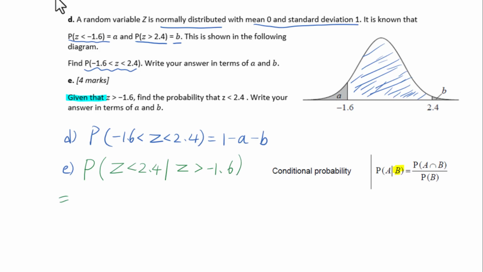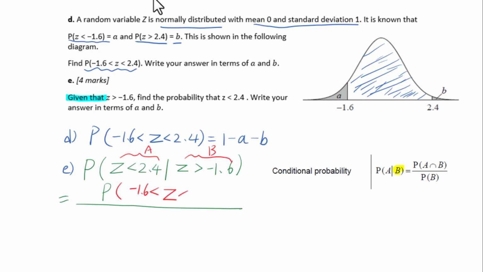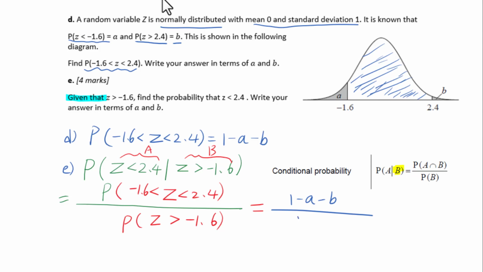Then we will use this formula: probability of A intersection B over probability of B. This is A. This is B. You will get probability of Z greater than negative 1.6 and less than 2.4, over probability of Z greater than negative 1.6. Numerator we already figured out in D, 1 minus A minus B. Probability of Z greater than negative 1.6 will be 1 minus A.